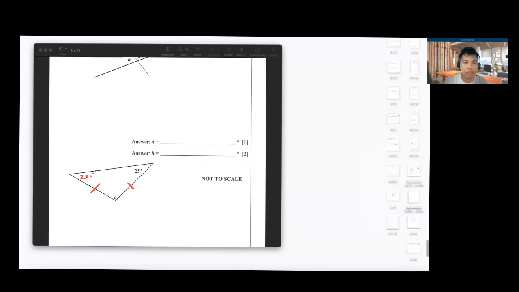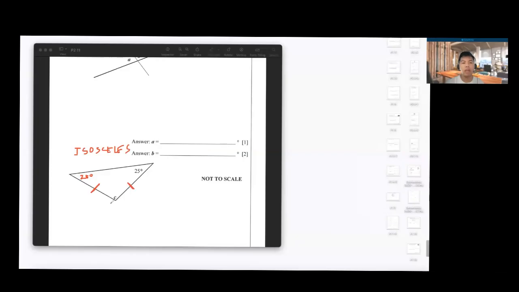Okay? Those two angles are the same. Does that make sense? That's for an isosceles triangle. I forgot the spelling of that.